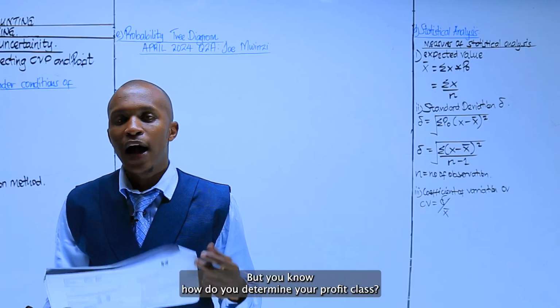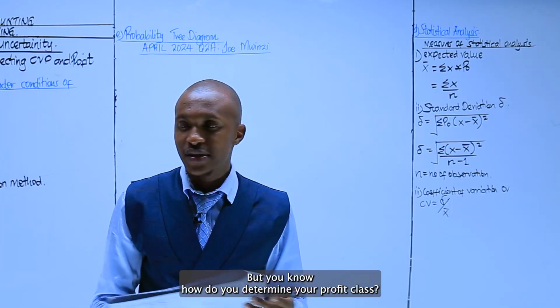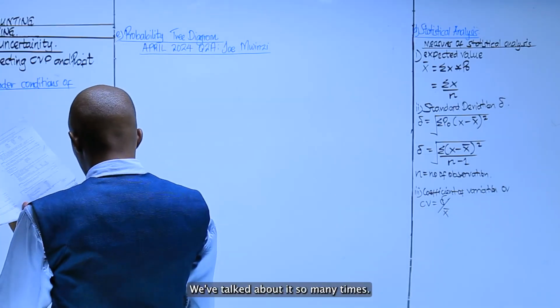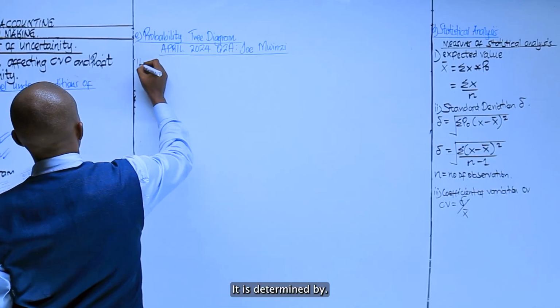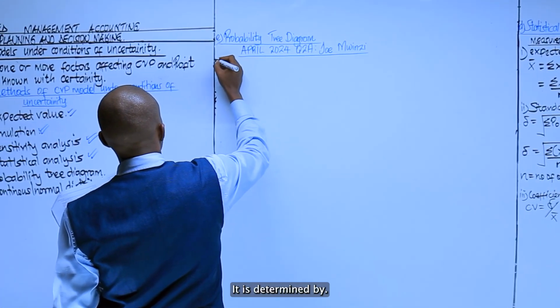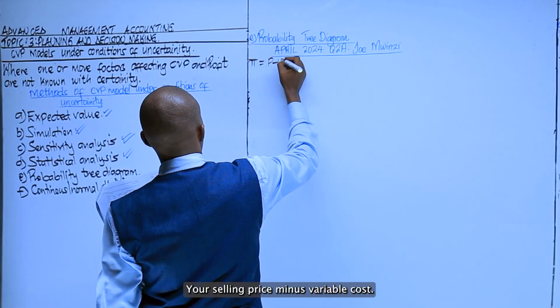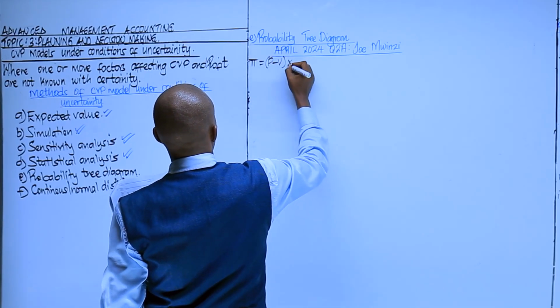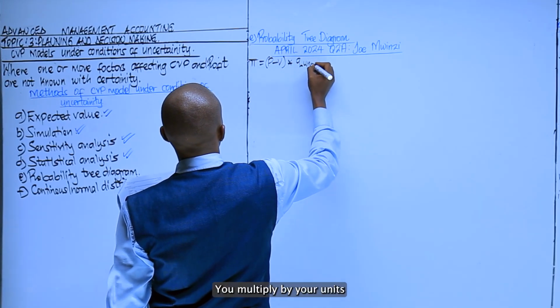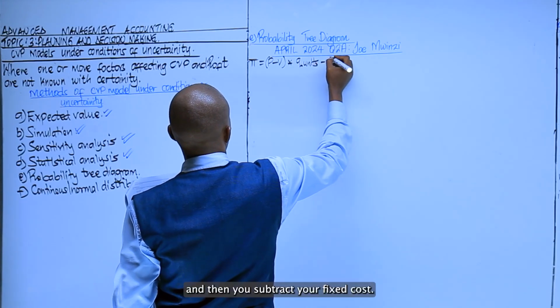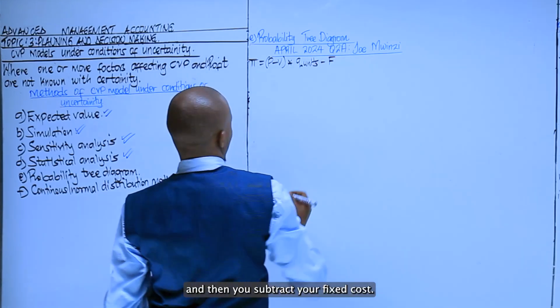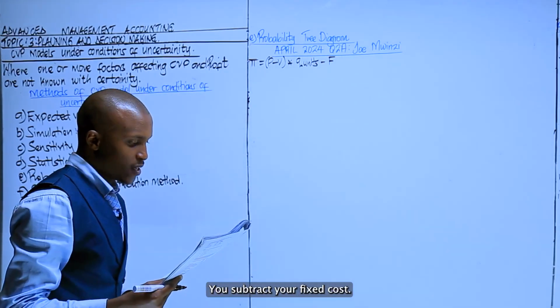But how do you determine your profit, class? We've talked about it so many times. It is determined by your selling price minus variable costs, you multiply by your units, and then you subtract your fixed cost.